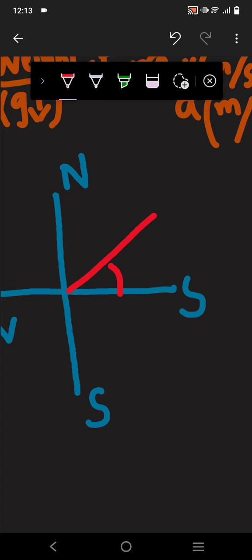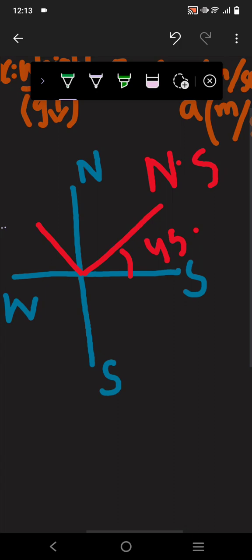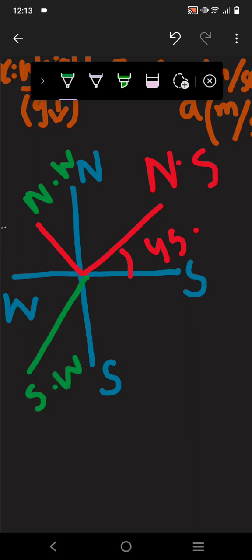Can you name it? Yes, exactly, it is north, south. If I make the angle over here, this is north, west. If I make the angle over here, that is south, west. If I make the angle over here, that is south, east.